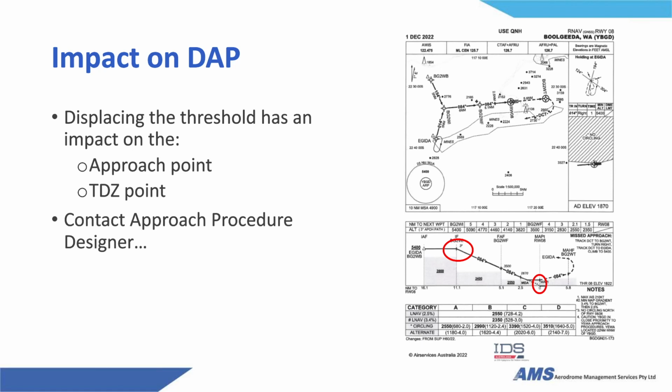So if we have displaced the threshold, we'll have to contact our approach procedure designer. In this instance, it's IDS. Normally, it could be Air Services Australia, but we'd have to contact them to ensure that a new approach procedure could be drafted.